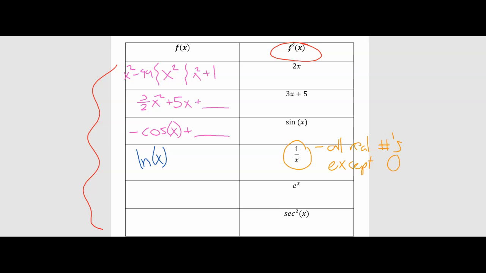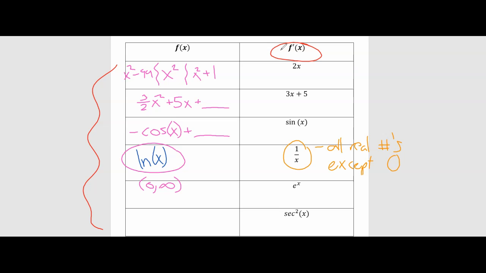So if I just put the natural log of x here, well, this is only good on the interval 0 to infinity, right? So our derivative domain can't include numbers that the original function does not. So I need to change the original function to match the domain of the derivative, because the derivative is what I was given.